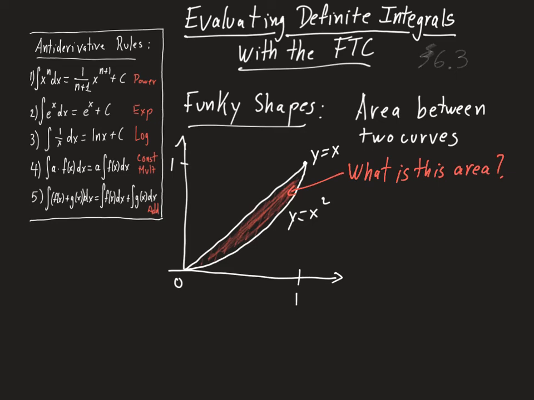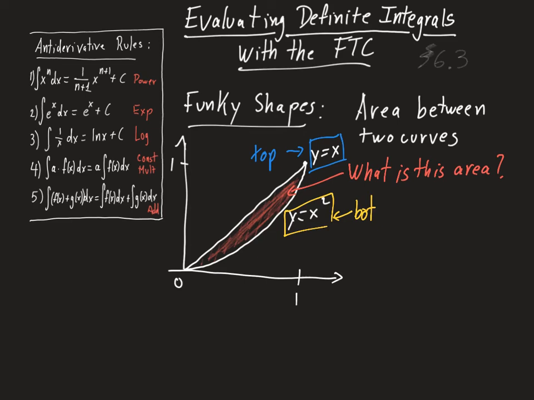Okay, so recall that the way that you calculate the area between two curves is that you first identify which curve is above the other. In this case, y equals x is the top curve. Meanwhile, the curve that is below is y equals x squared.